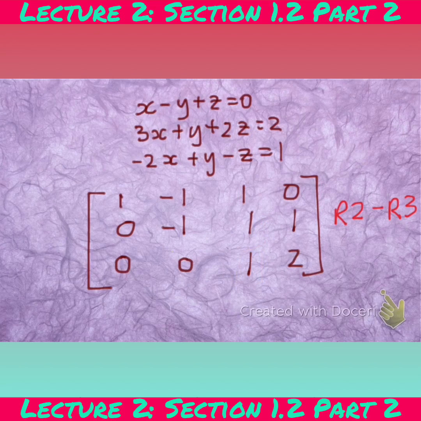So I'm going to change the second row by adding minus the third row to it. In this case, you multiply the third row with minus 1, so that's minus 1 and minus 2. Then you add it to the second row.